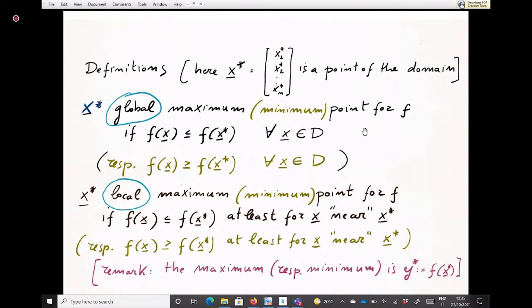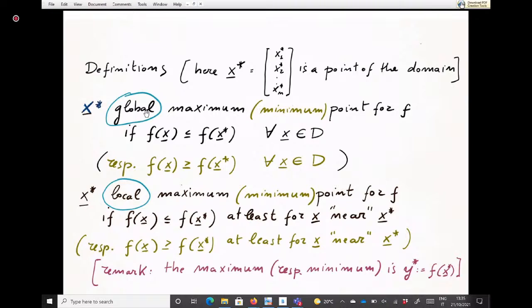So what is a global maximum? Global maximum is the value of the function corresponding to the global maximum points. The global minimum is the value of the function corresponding to the global minimum points. Remember, there can be many global minimum points, but only one global minimum.